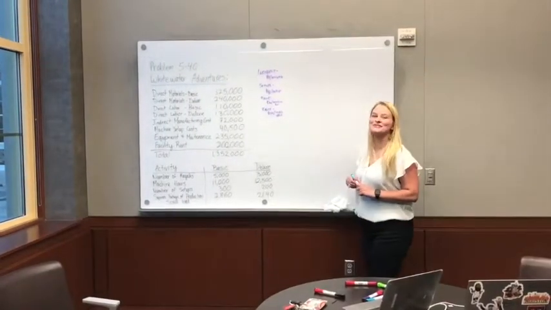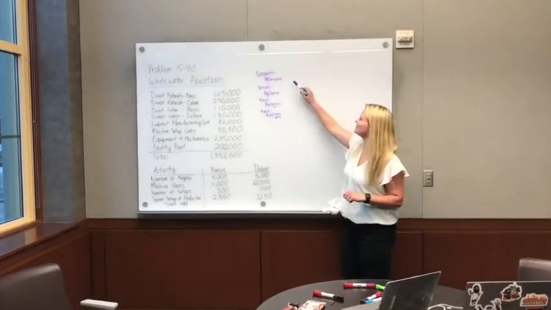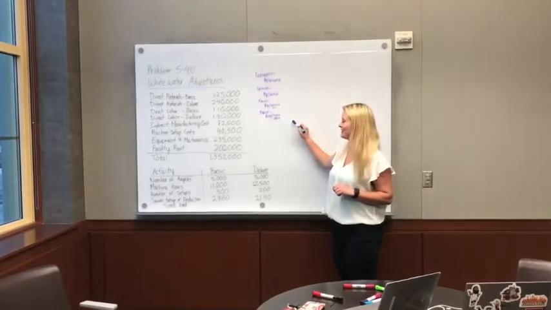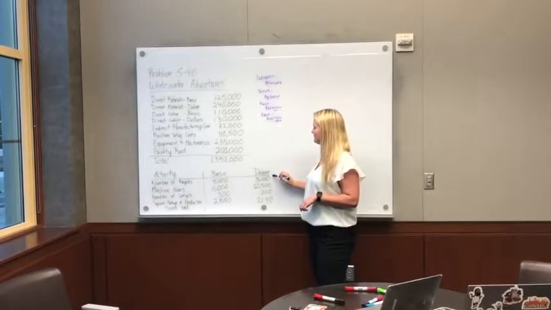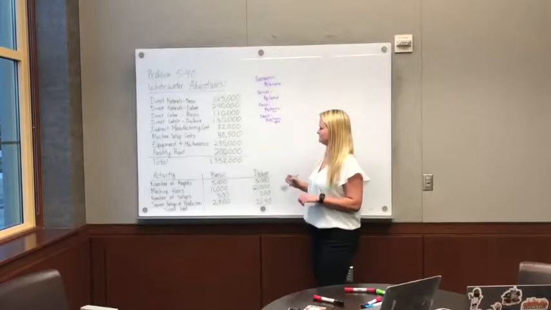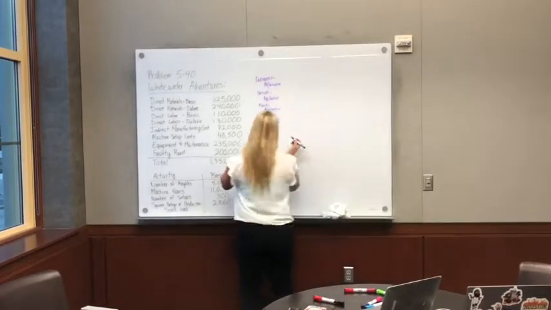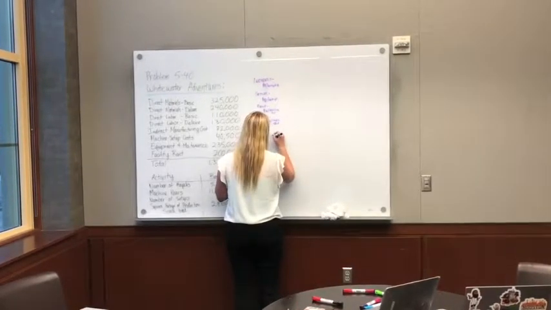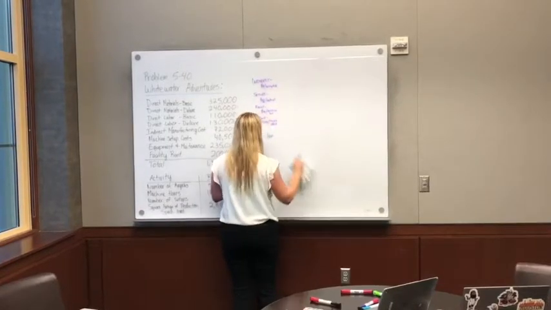In this portion of the video, we're going to take these per unit costs that Clayton calculated earlier and apply them to the level of activities for basic and deluxe. So first we have the number of kayaks. Actually, we'll just write kayaks.